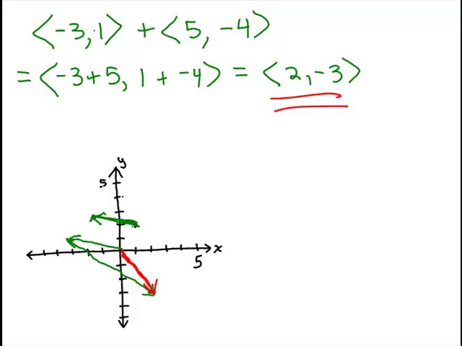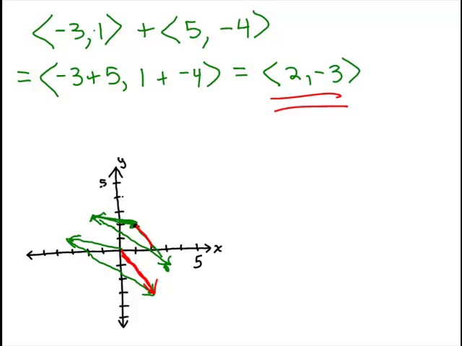And then from that point, I'm going to go 5, negative 4. So I'm going to go over 5 spaces, which is right here, and down 4 spaces. I think it's going to be right here. And I draw that. That's the second vector. So my answer would be right here.